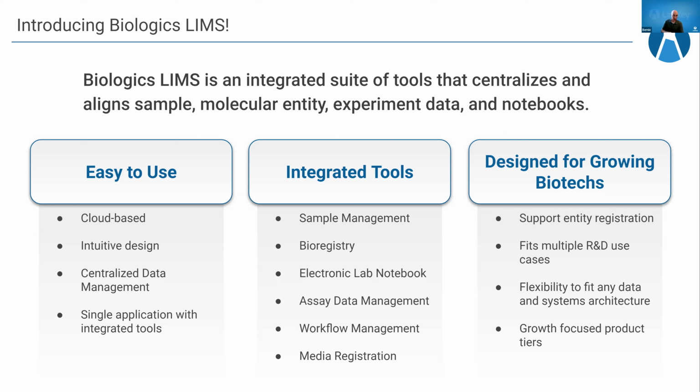All right, LabKey's Biologics LIMS comes in two product tiers. Our starter offering is really oriented towards early stage biotechs, academic labs, not-for-profit groups, and other small organizations looking to invest in tools to help them get organized. It's a cloud-based offering and offers rather significant value, even for just a few users.